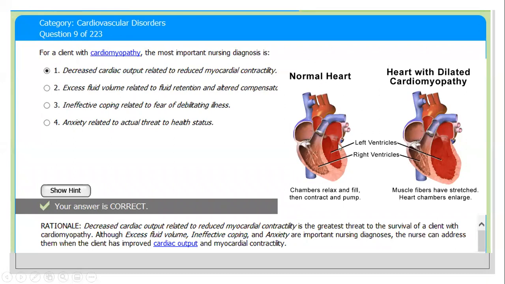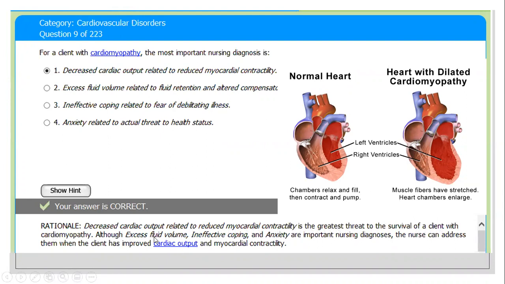So here we can see the normal heart. The chambers relax and fill and contract to pump. And here we can see a heart with dilated cardiomyopathy. The heart fibers are stretched and the heart chamber is enlarged. So the rationale says decreased cardiac output related to reduced myocardial contractility is the greatest threat to the survival of a client with cardiomyopathy.